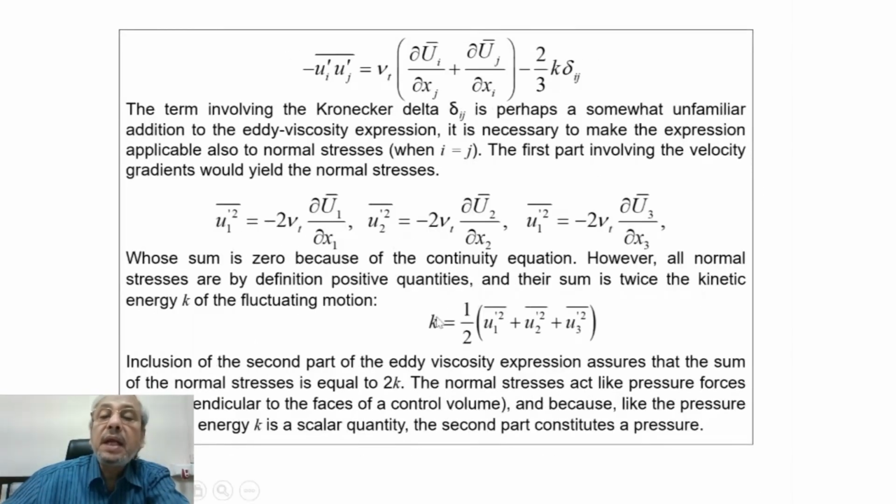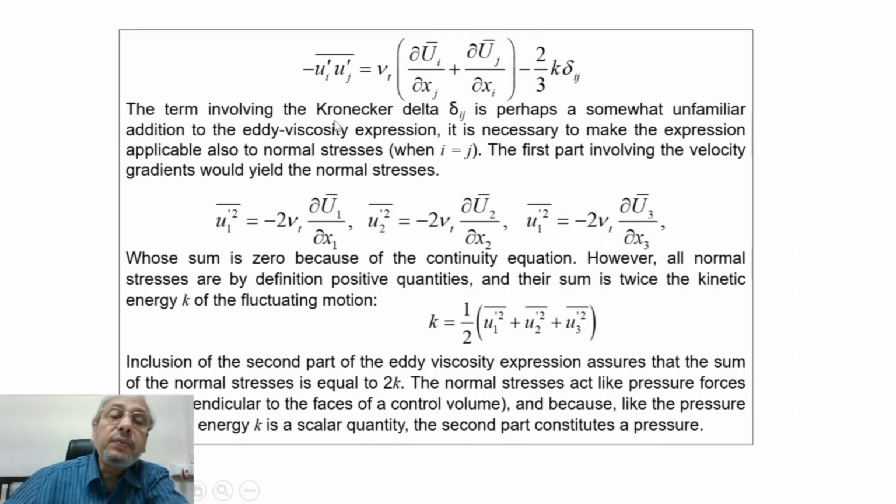Having done that, we can write nu t into del xj of ui bar plus del xi of uj bar plus 2/3 k delta ij.